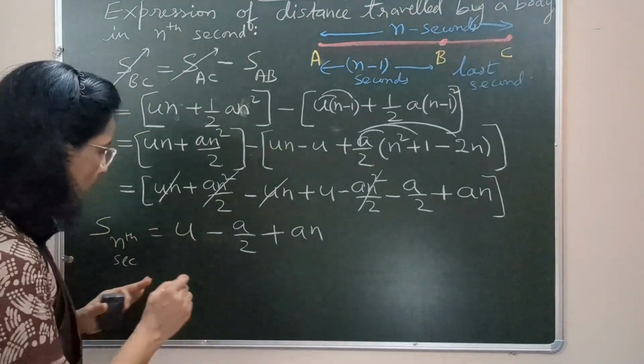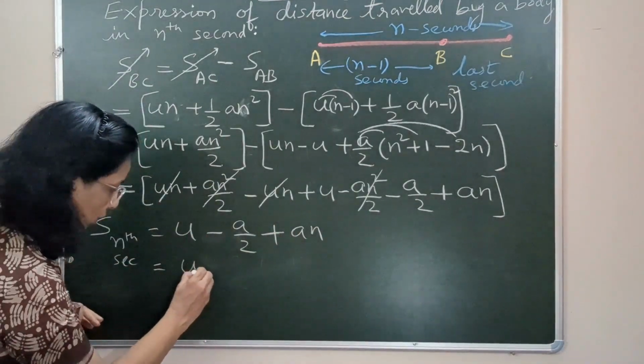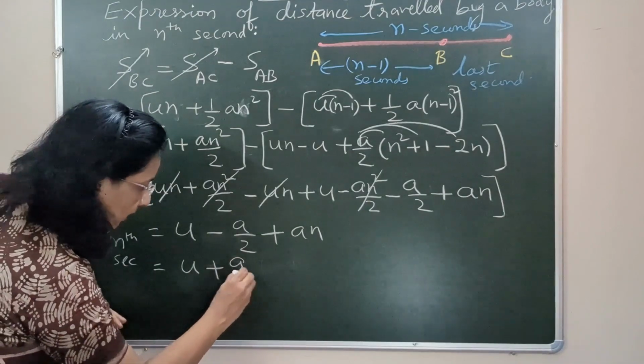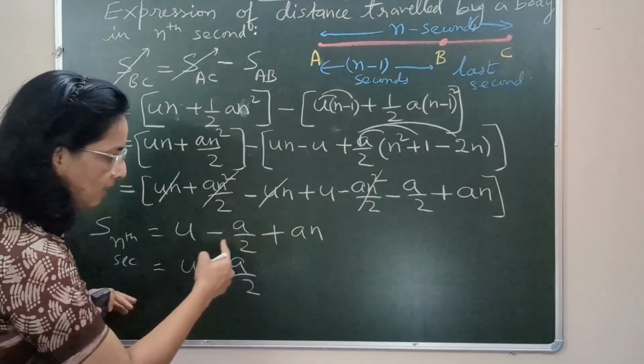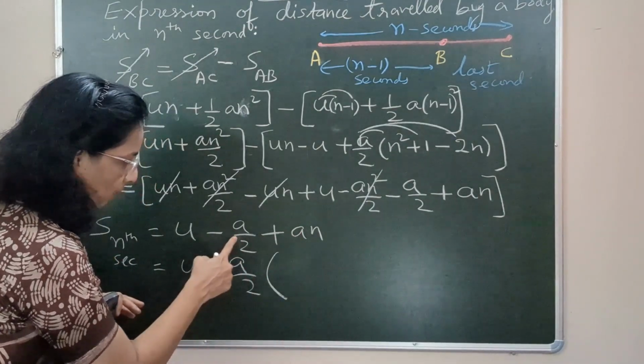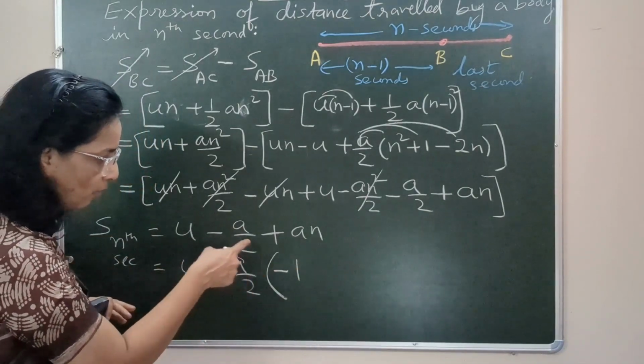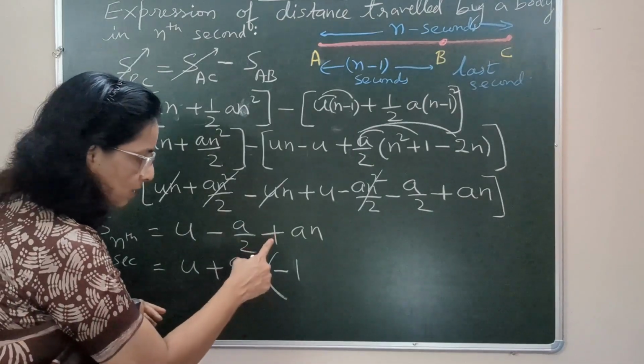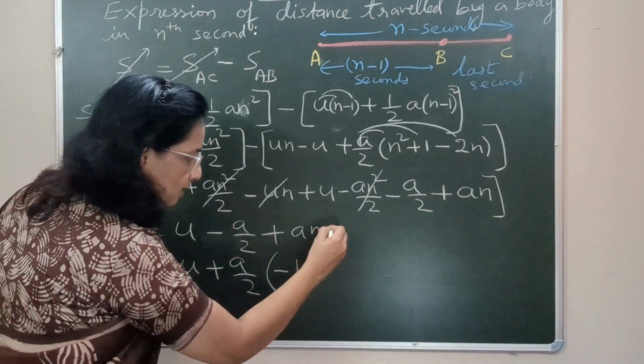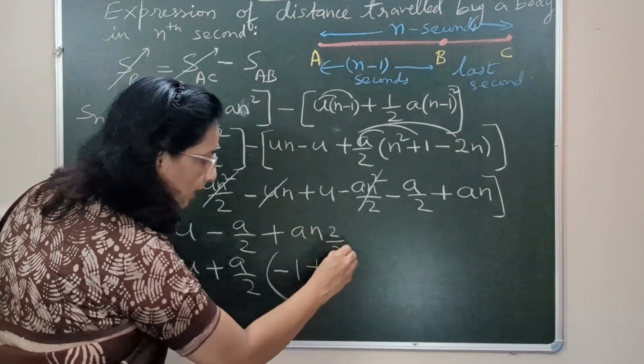So putting this in order, we have u plus, let's take a by 2 out from these two terms. Then we will have in place of this minus 1. Why? Because a by 2 is out, so minus 1 here. So this is plus, fine. But consider multiplying and dividing by 2.